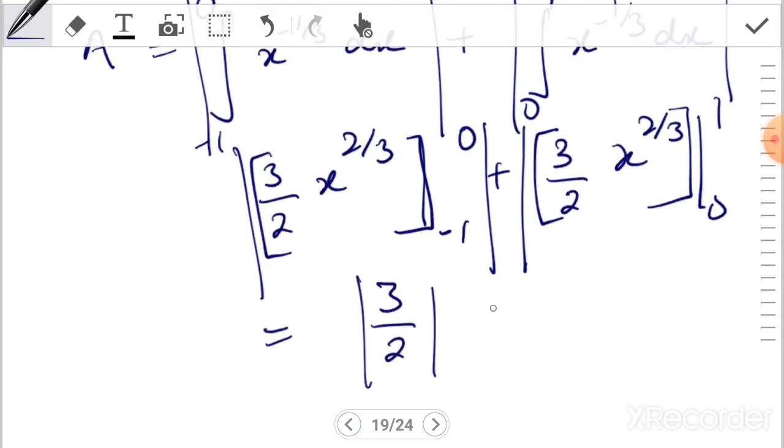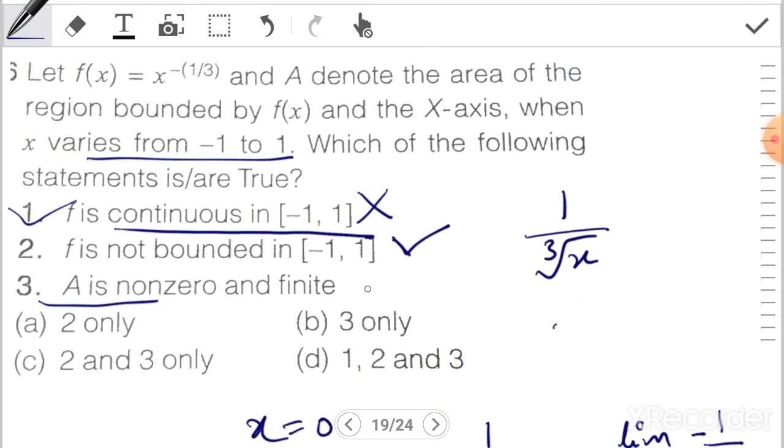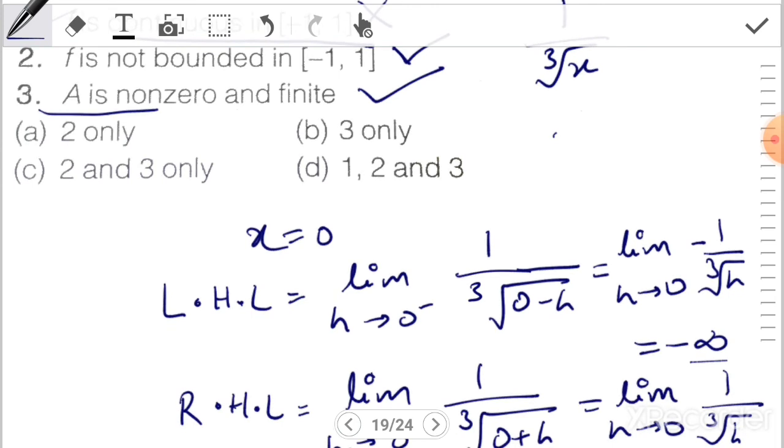So 3 by 2 plus 3 by 2, that is 3. So area is non-zero and finite. This is true. So we have 2 and 3 only as the correct statements.